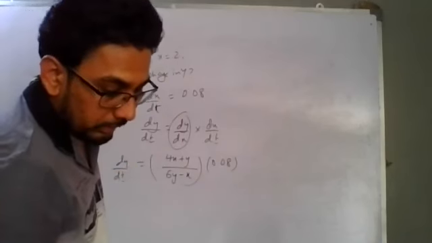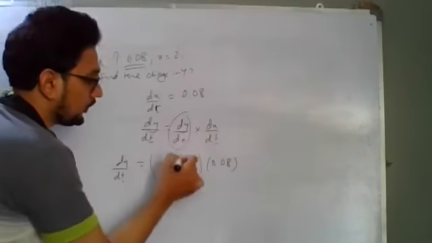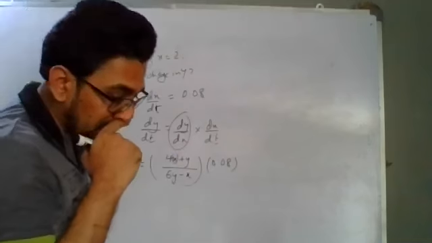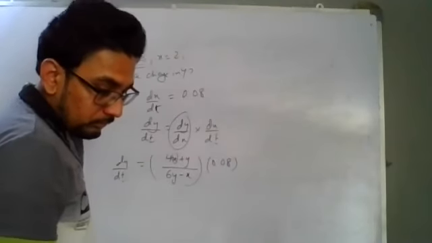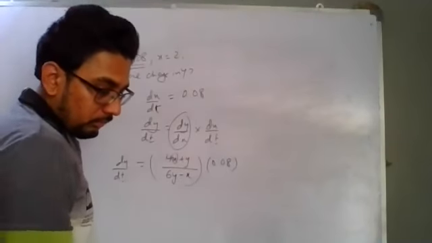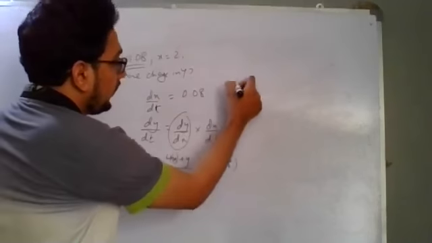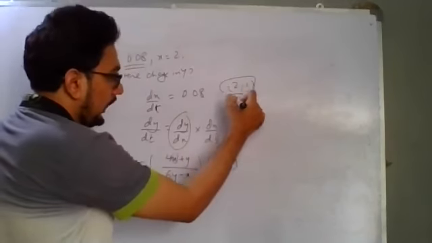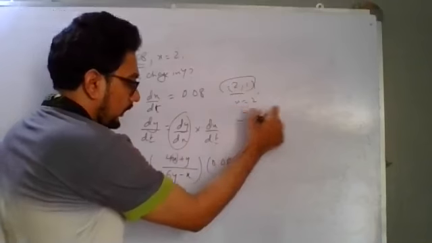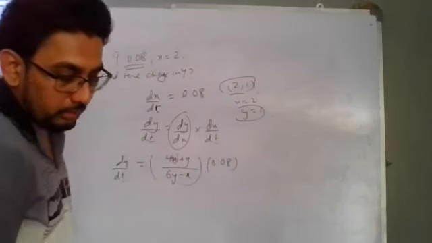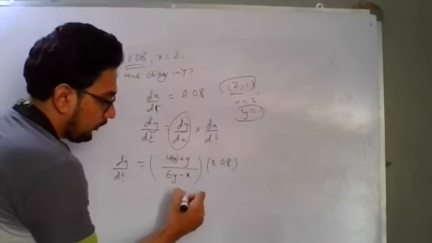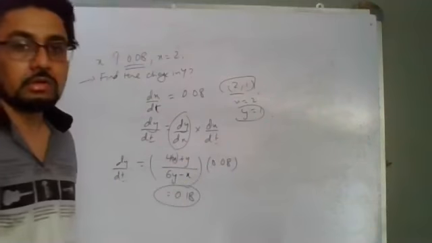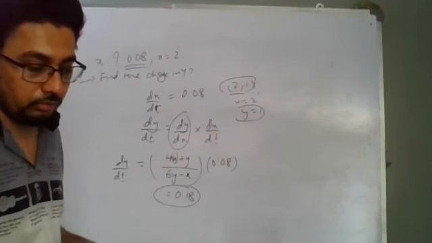At the point where x is equal to 2 and y is equal to 1, multiplying by 0.08, we get a final value of 0.18.